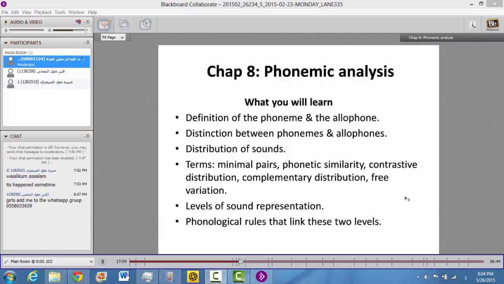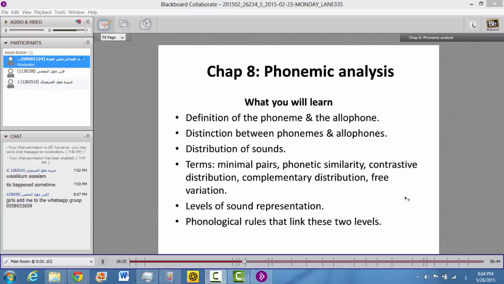Okay, chapter 8, phonemic analysis. In this chapter, you will learn the following: the definition of the phoneme, the definition of the allophone, the distinction between phonemes and allophones, the distribution of sounds, and you will come across terms such as minimal pairs, phonetic similarity, contrastive or distinctive distribution, complementary distribution, free variation.